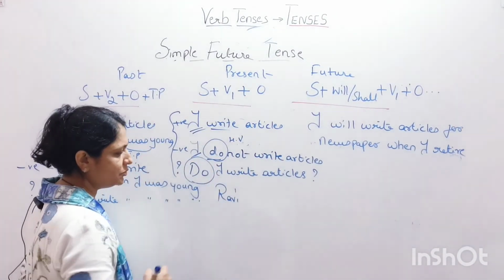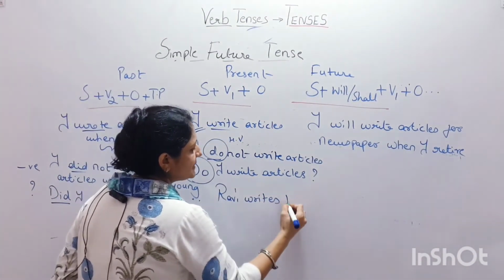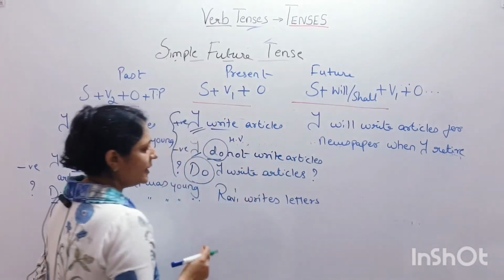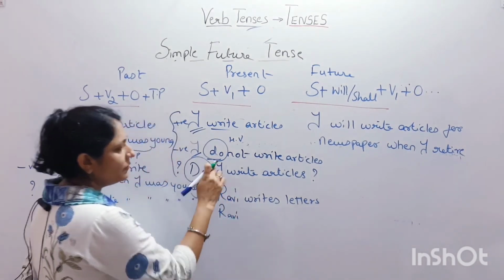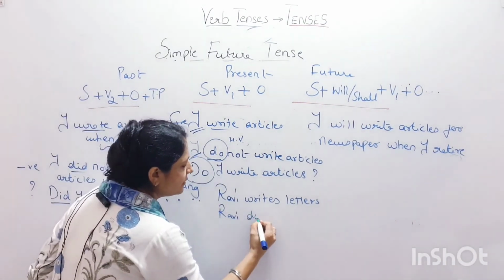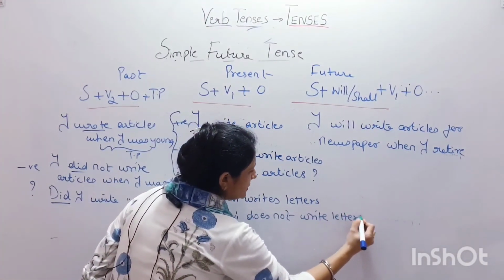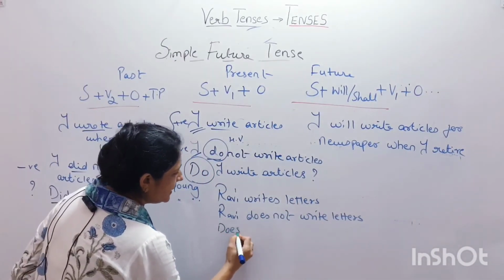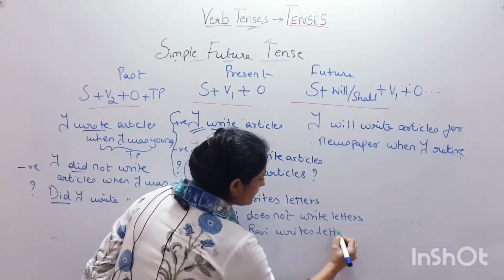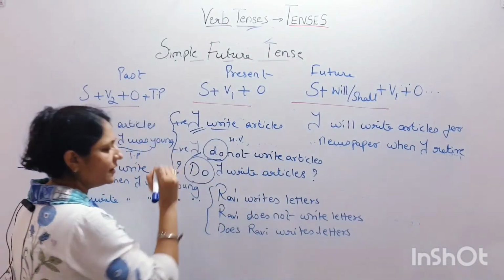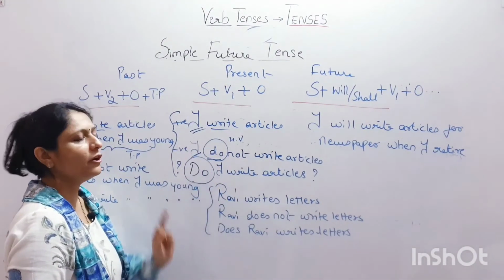Ravi is a singular subject, so instead of write, I would have written here Ravi writes letters. And the negative and the interrogative for this will be, we will not use do not, we will say Ravi does not write letters, or does Ravi write letters. So these are the three forms of singular subject, and these are the three forms of plural subject.